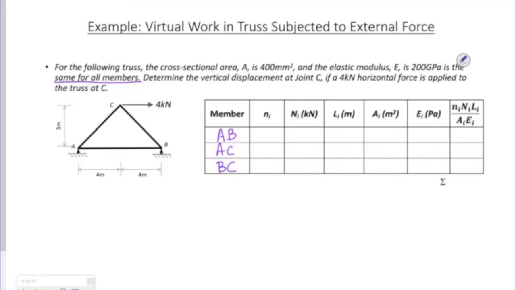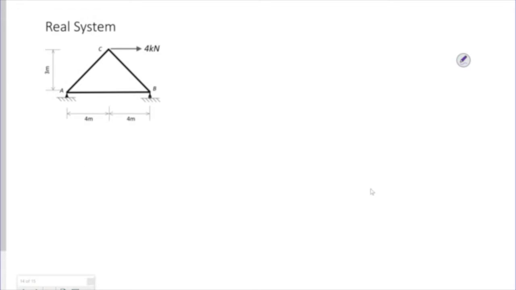I want to fill out this table. This is my internal member force, this is my virtual, this is my real, and everything else stays the same. So let's go to my real system first.